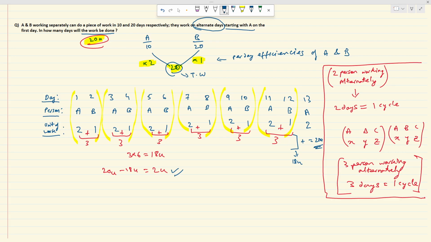So in the exam, how will you solve this question? I have just shown you this diagram to explain the concept.